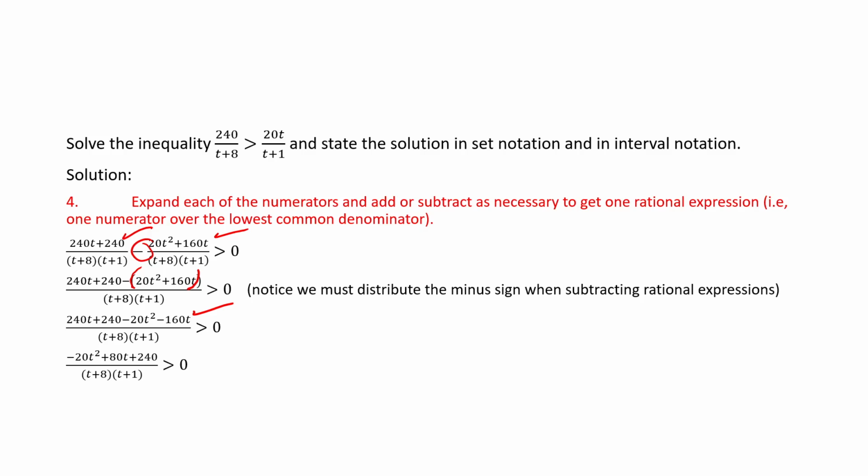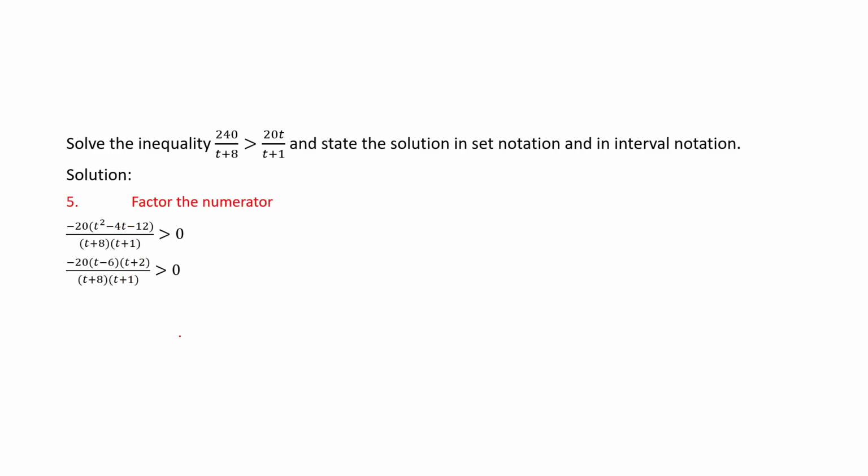When we simplify it, we get negative 20t squared plus 80t plus 240 in the numerator. Now we're going to factor the numerator, so we factor out a negative 20, and we can factor the quadratic inside, and ultimately we have this expression right here.